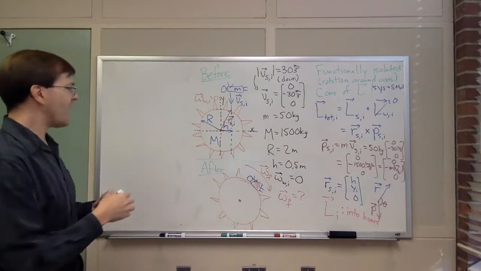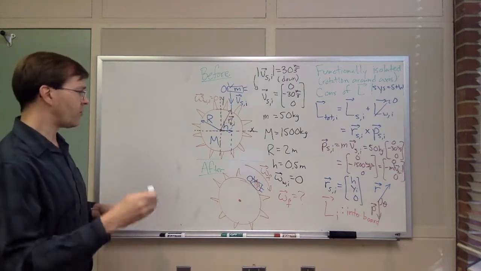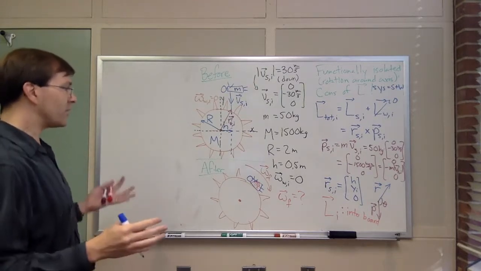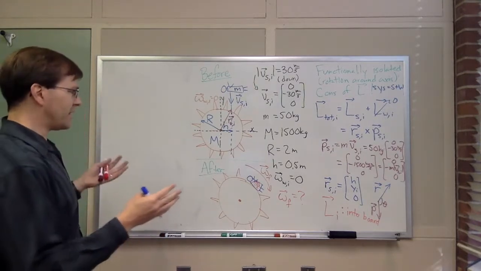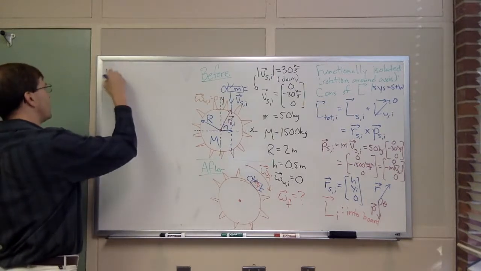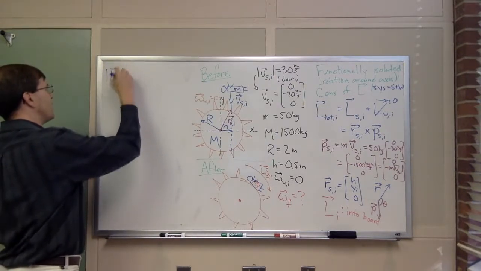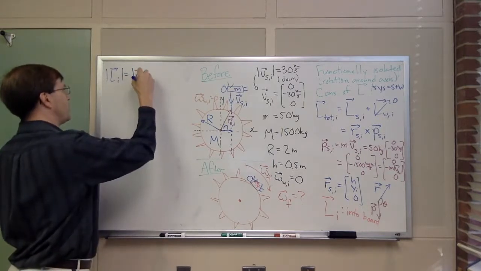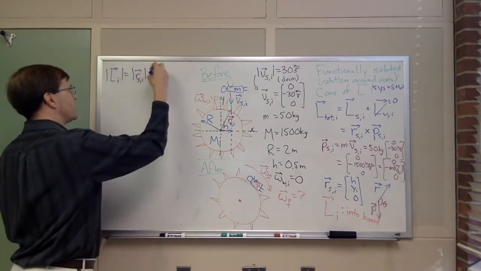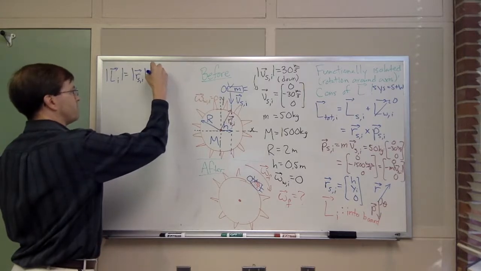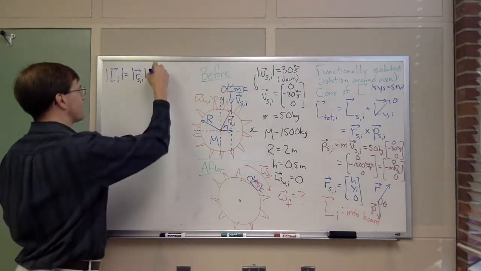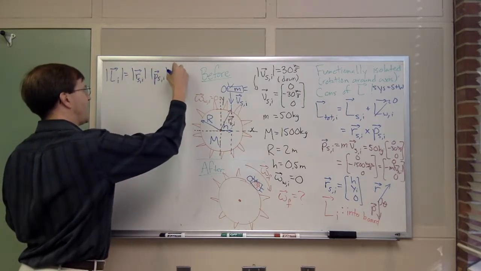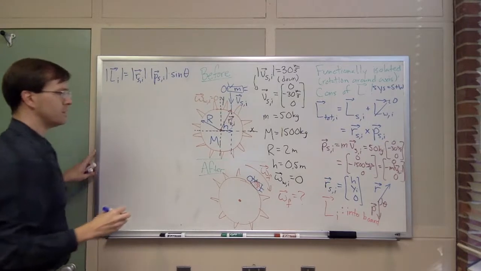That's my conclusion, that'll be the direction based on the right-hand rule. So, okay, I've got that. How would I find the actual value, the magnitude, of that initial angular momentum? A couple ways I can do it. The magnitude of angular momentum is equal to the magnitude of r, r Saruman initial, times the magnitude of Saruman's momentum, p Saruman initial, times the sine of the angle between them.